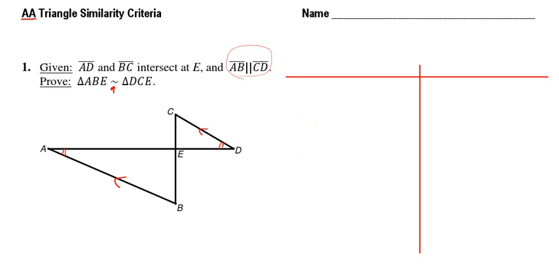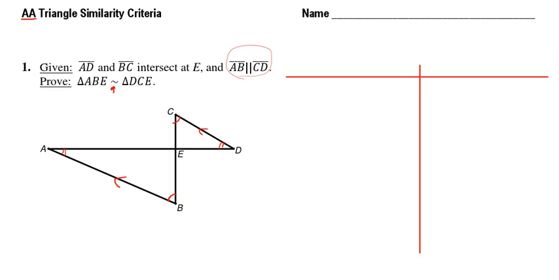Where is another one? Yes, angle C and angle B. For the same reason, they are alternate angles. Or you could have used the vertical angles here at E. Yeah, you only need two.